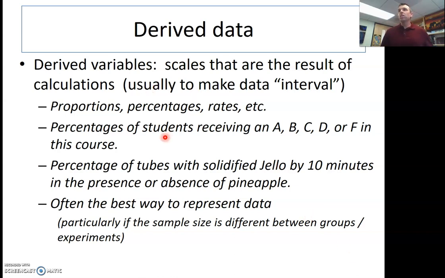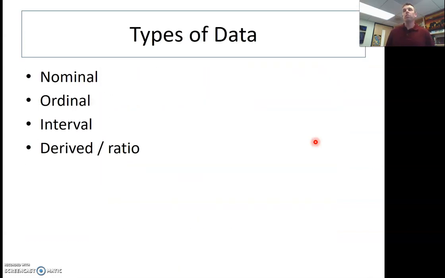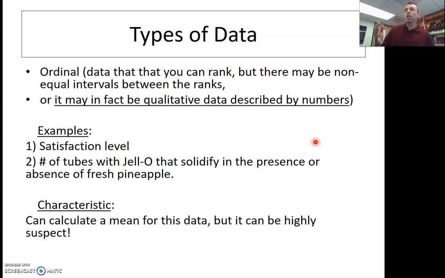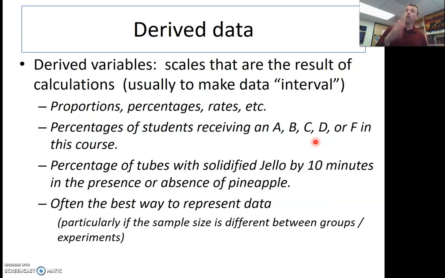So let's look at this. Students receiving an A, B, C, D, or F in this course, that data right there is ordinal. It's rankable. I know you all think A is better than B, but it is still categorical. It's not continuous. You're A, you're B, you're C, and so forth. But if we put that into the percentage of students receiving an A, B, C, D, then you can start to have a continuous variable.